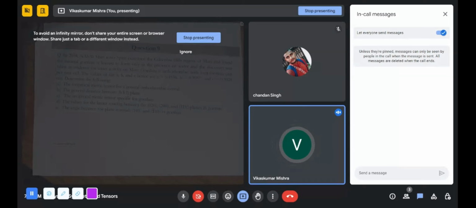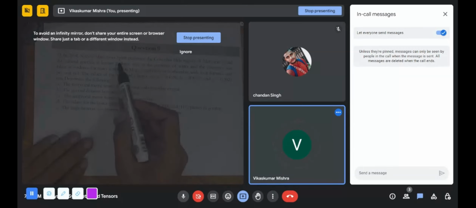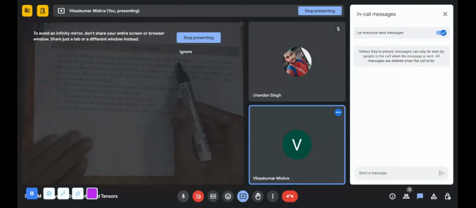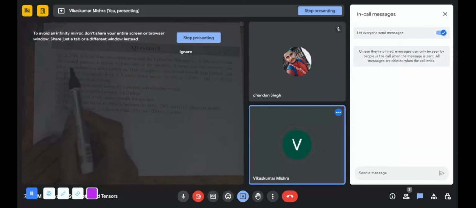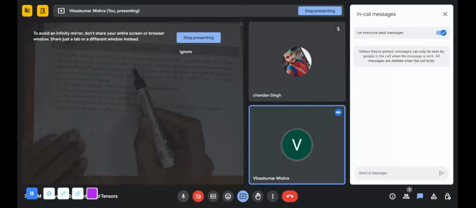Question number 9 says that in 2004, the NASA Mars rover Spirit examined the Columbia Hills region of Mars and found the mineral goethite, which is known to form only in the presence of water.